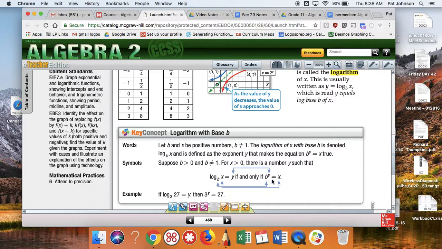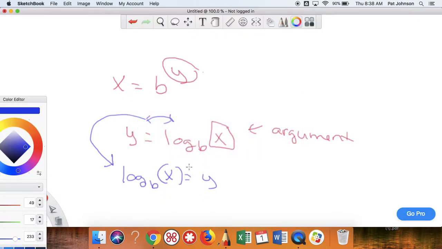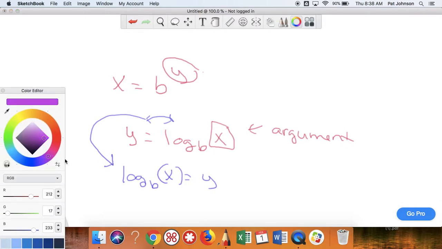The way they write it is a little confusing. I'm going to show you a better way so you're not having to memorize what goes where. So if you write the log over here, remember b is a base. What do we know about exponents?